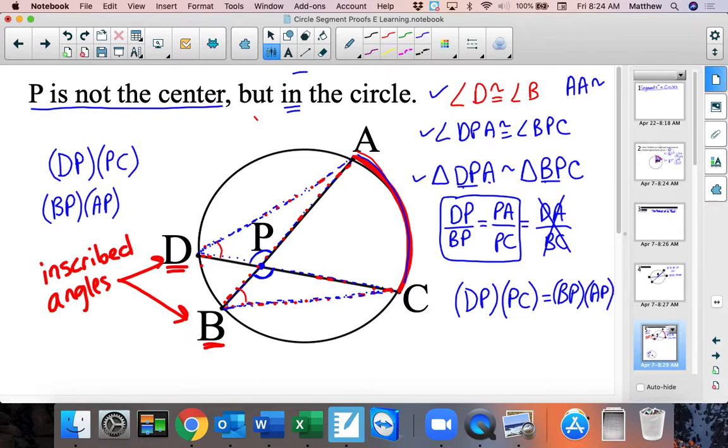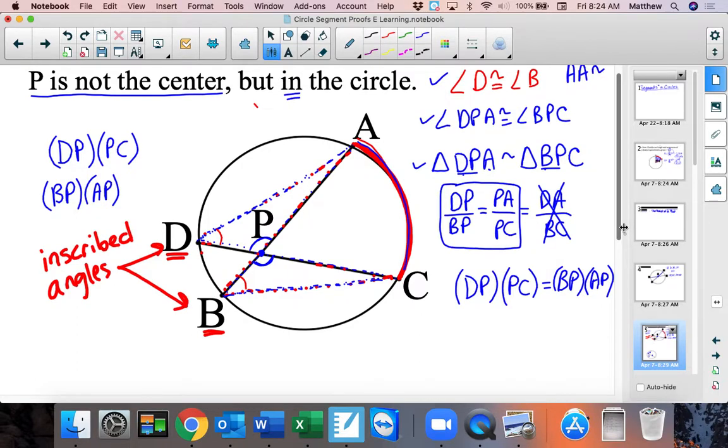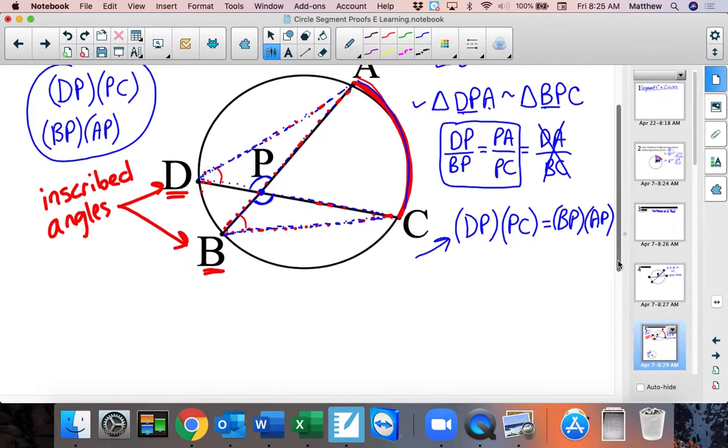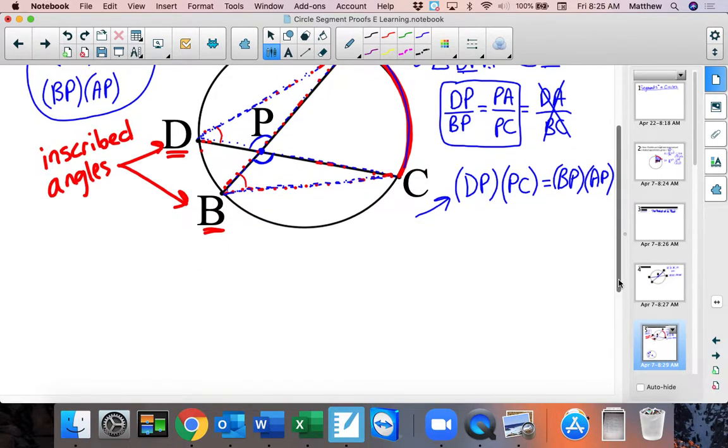Therefore, we're wondering what we can say about these segments, and we can say that the product of the segments is equal. So segment times segment equals segment times segment, and this is what you need to know.